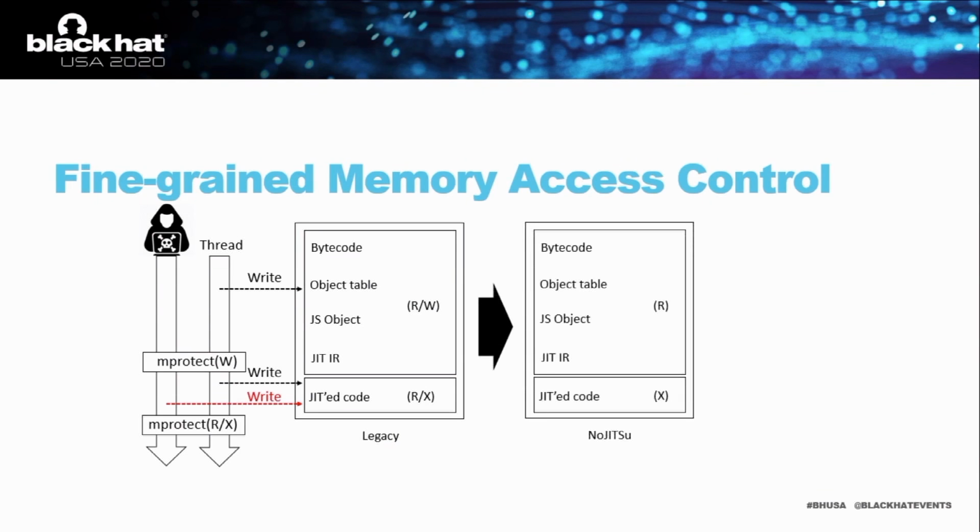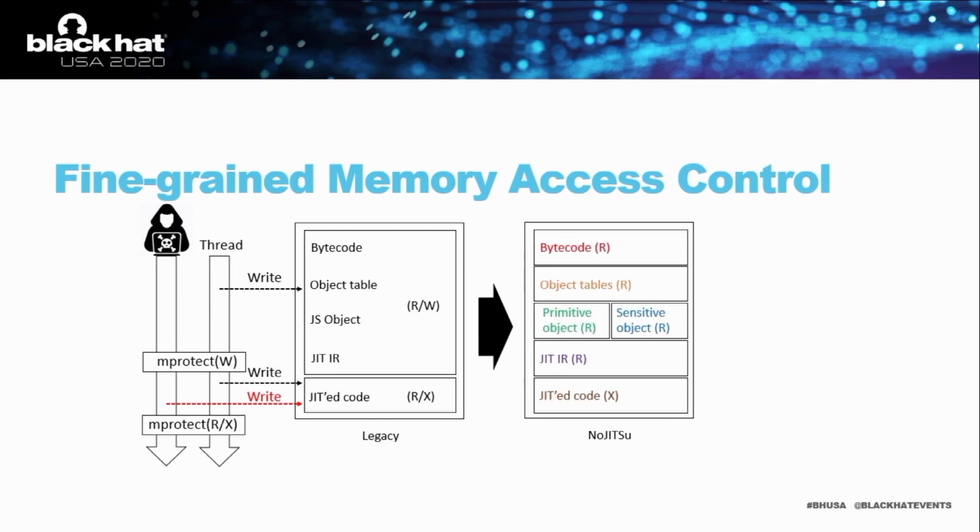So in our NoJITsu, we minimize memory permission as small as possible. Now, bytecode object tables, JavaScript objects, and JIT IR are all-time readable, and JIT code is execute-only. On top of that, we separate the memory chunks into different kinds and assign different MPK keys to manage them individually.